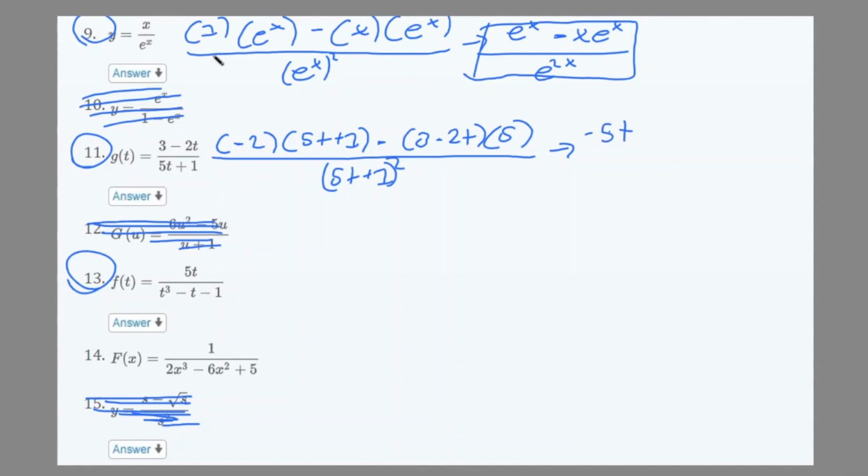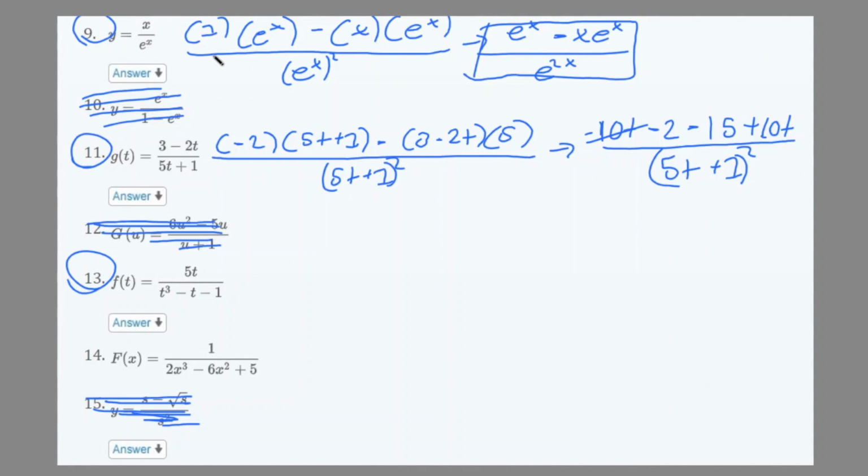-10t, minus 2, and then that would be subtracted from -15 plus 10t, over 5t plus 1 squared.